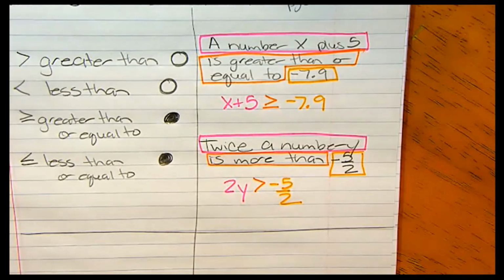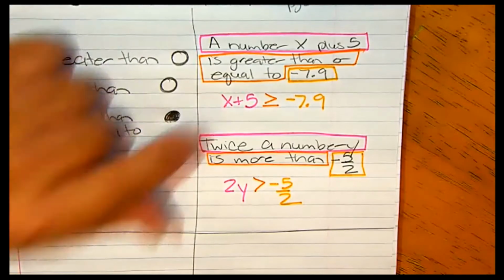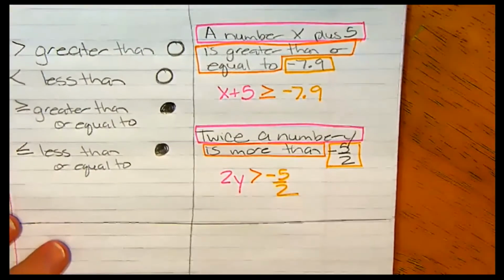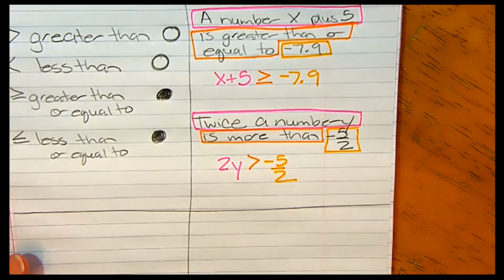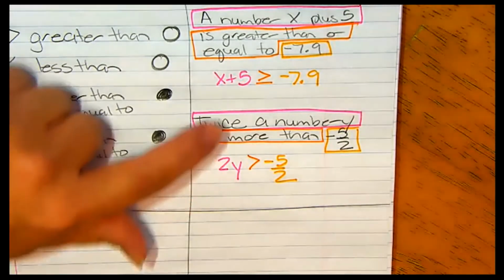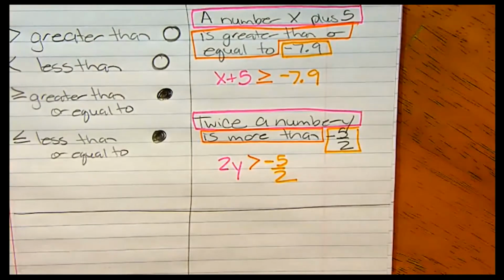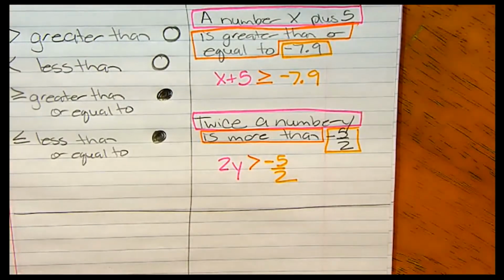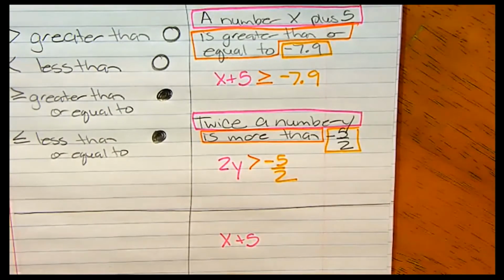Okay. So when we're working with inequalities, the first thing we need to do is turn the word sentence into a number sentence. Then we're going to take this number sentence and solve it just like we did with equations.